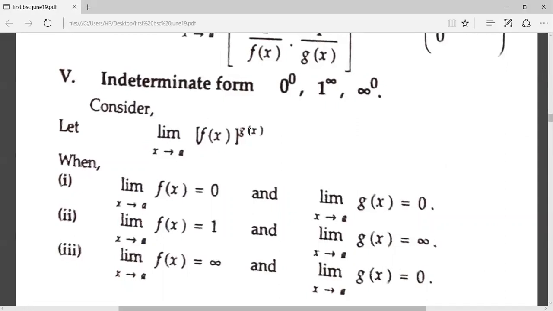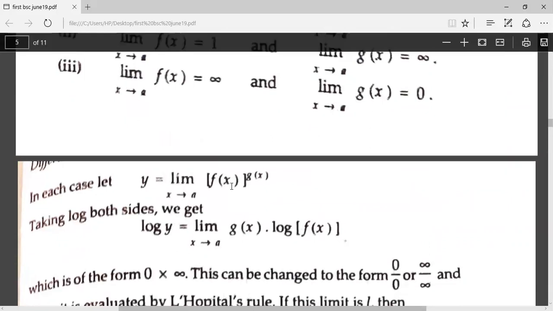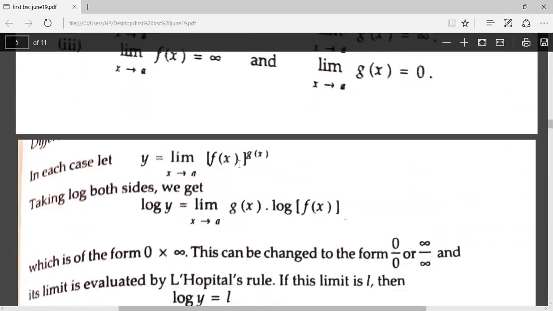Third, if the limit of f of x is infinity and the limit of g of x is 0, then it is infinity to the power 0. All of these are indeterminate forms.